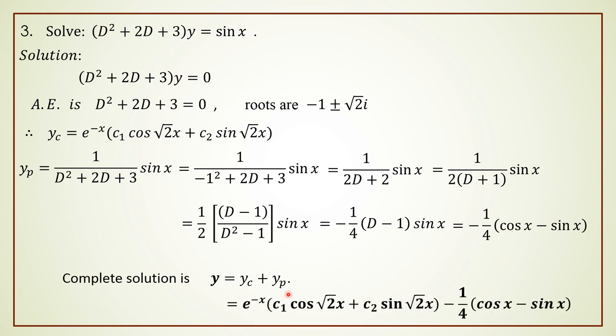Substituting the complementary function, y is equal to e to the power minus x into c1 cos root 2x plus c2 sin root 2x minus 1 by 4 into cos x minus sin x. This is the complete solution of the given differential equation.